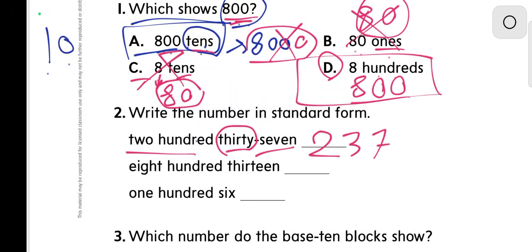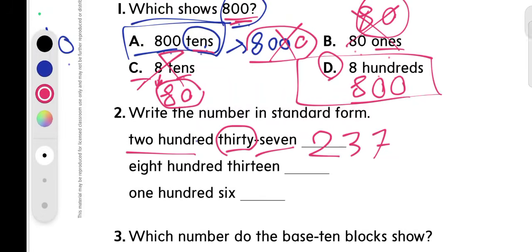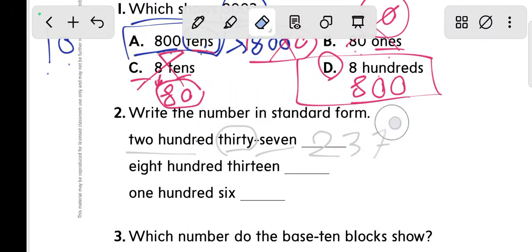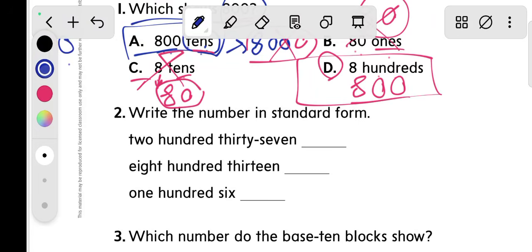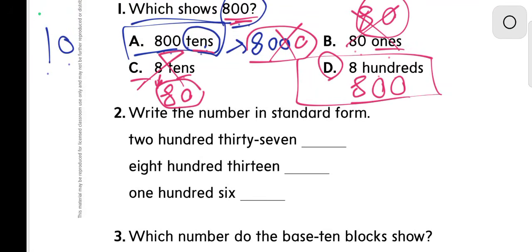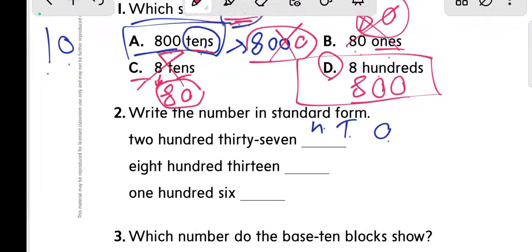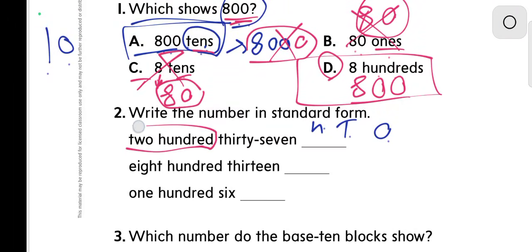To make it easier, let's practice with H, T and O. H is the hundreds place, T is the tens place, and O is the ones place. Here he says 200, so in the H place we have to put 2.